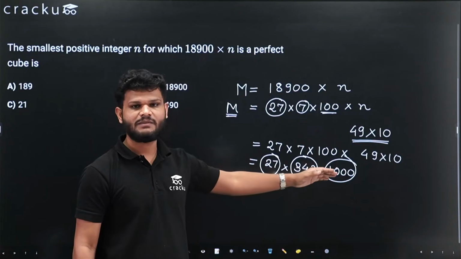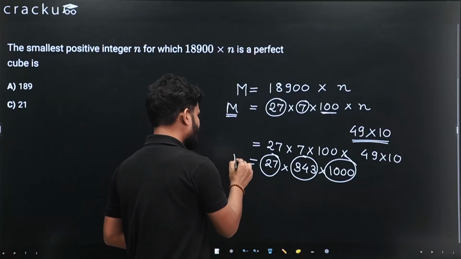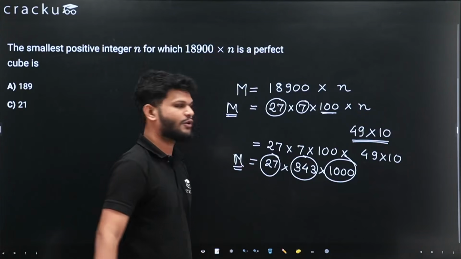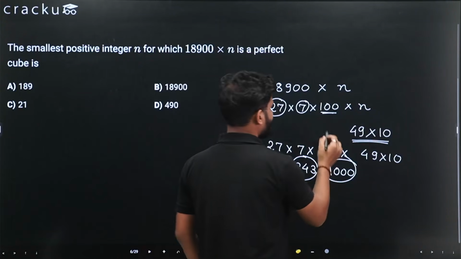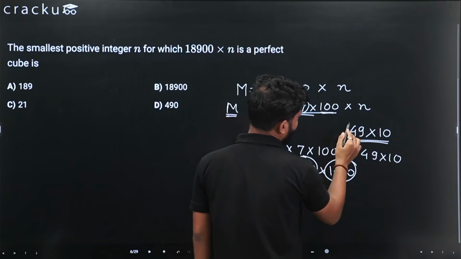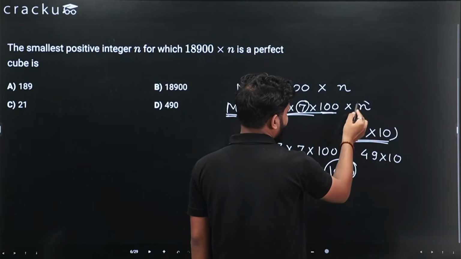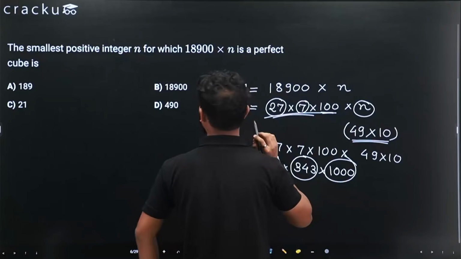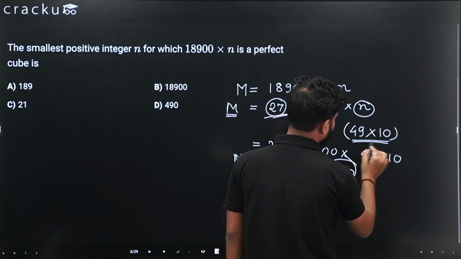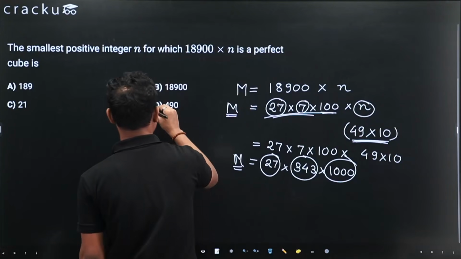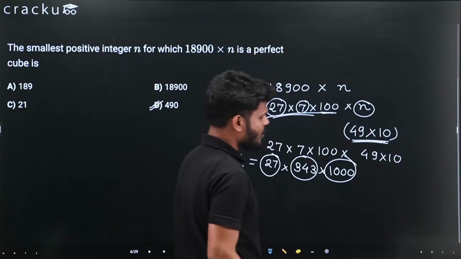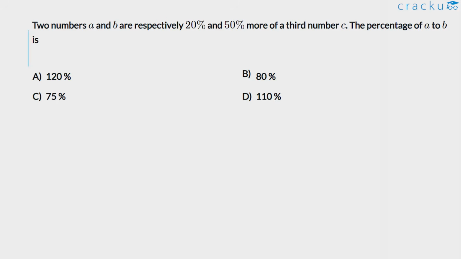So all the terms are perfect cubes, so the product of them will also be a perfect cube. So the minimum number by which we should multiply is 49 into 10. So the value of n, the smallest positive integer, will be 49 into 10, which is 490. Hence, option D will be the correct choice.